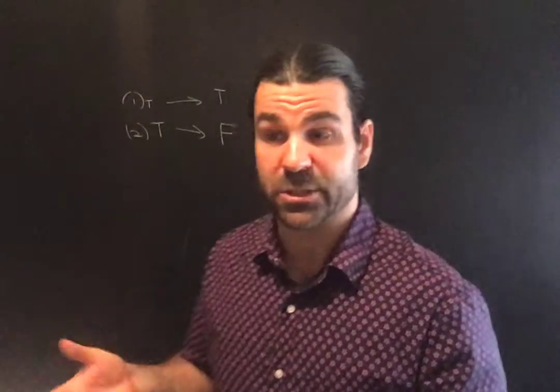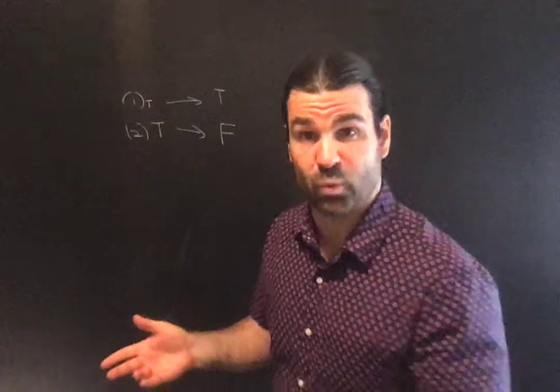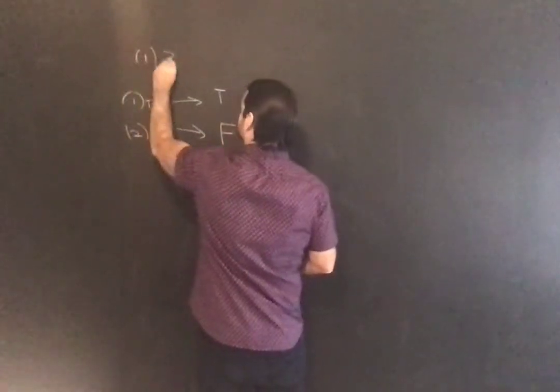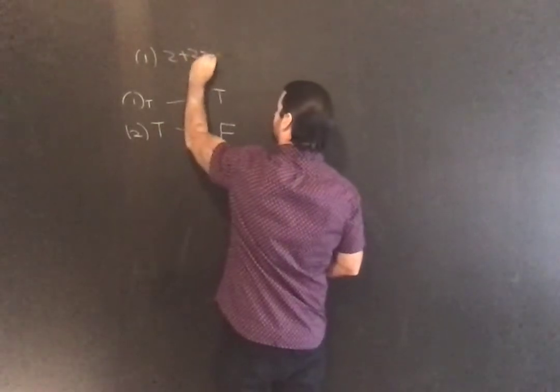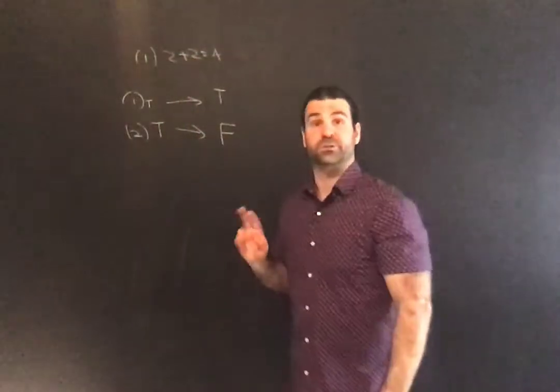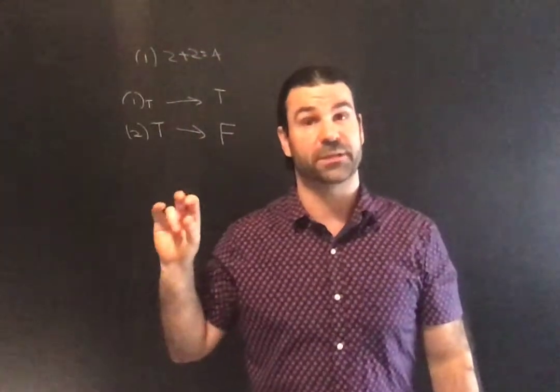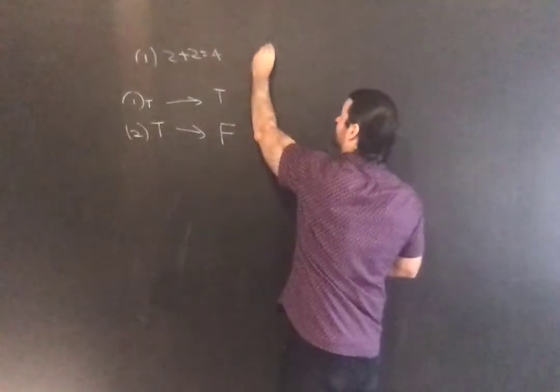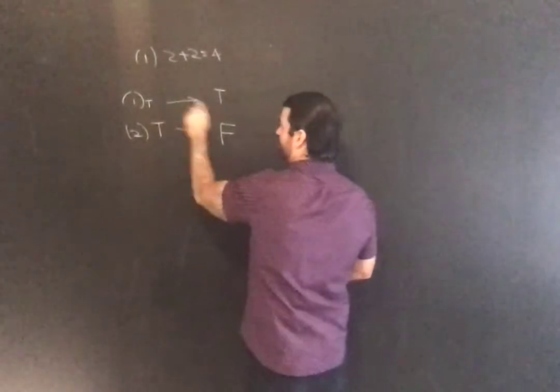So we just need to conceive two sentences which satisfy that. Let's have, for number 1, 2 plus 2 equals 4. 2 plus 2 equals 4 is true. Many people believe that 2 plus 2 equals 4 is true, so that's true going to true.